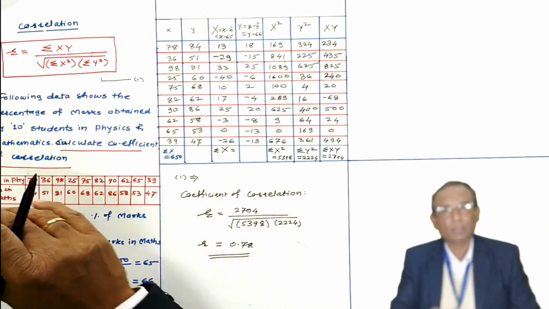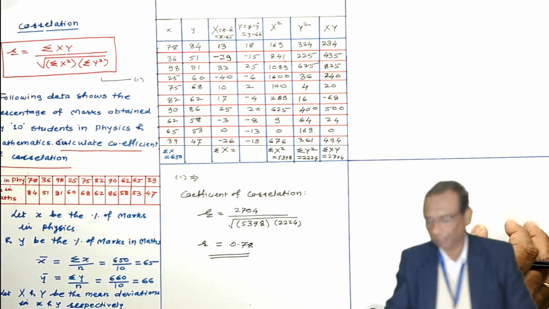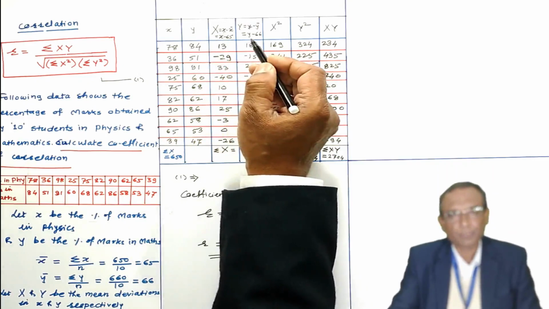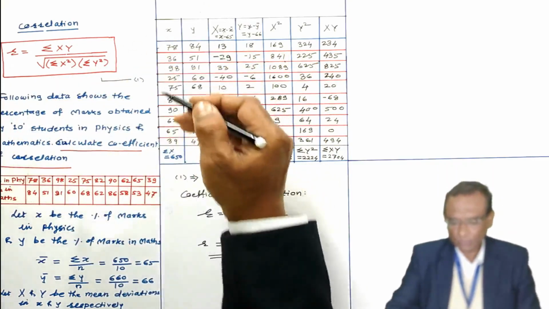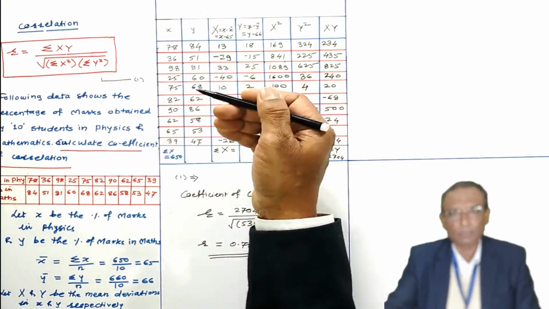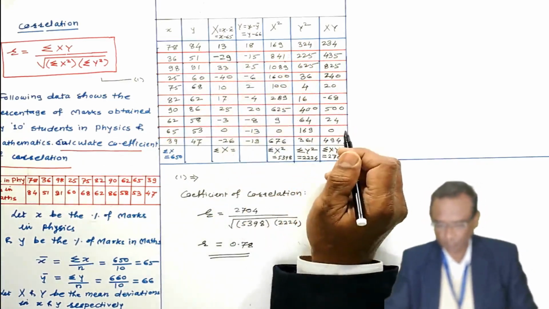Unnecessarily, we have to press the buttons of the calculator, which is a wastage of time. Without mean deviation you can also solve it. Just to make it more effective we use mean deviation, and it is a good habit to use mean deviation.